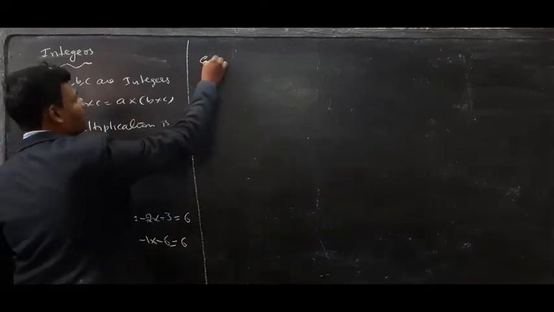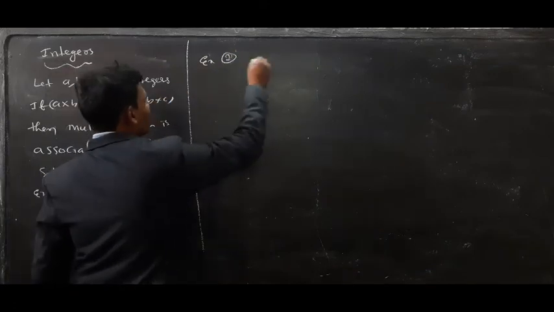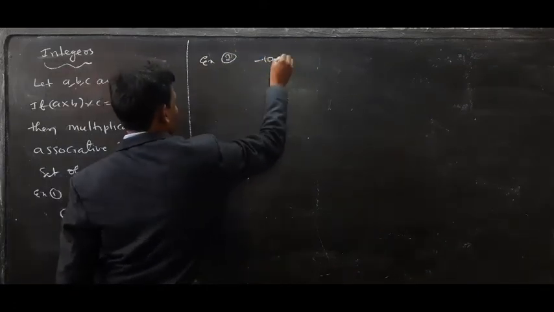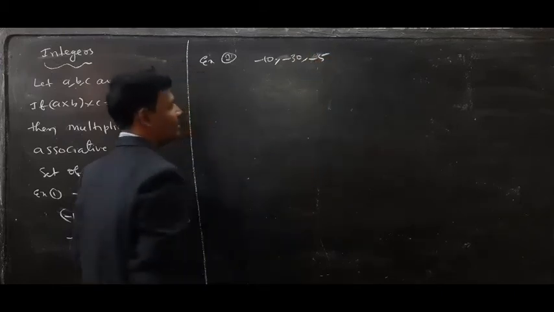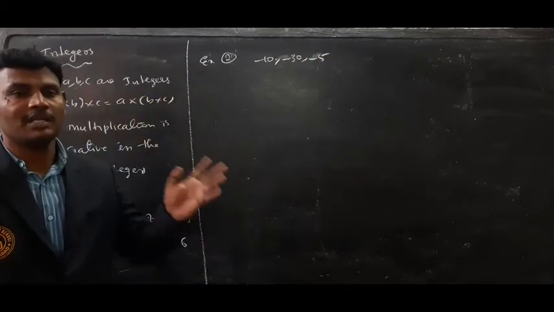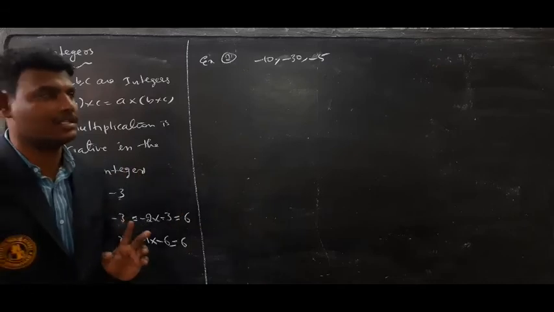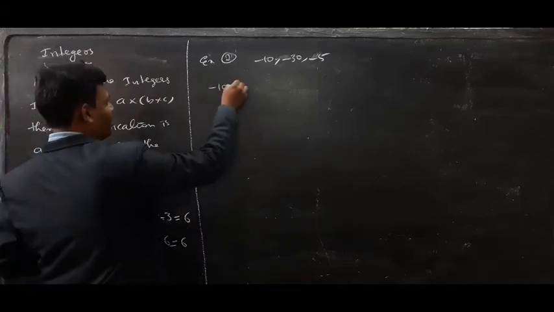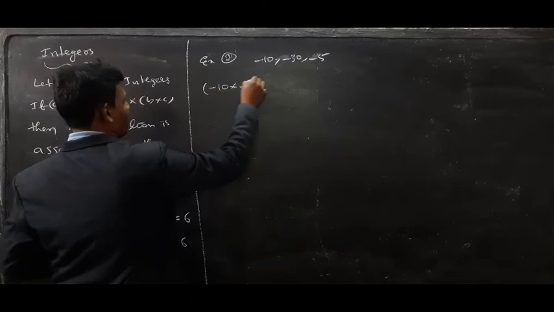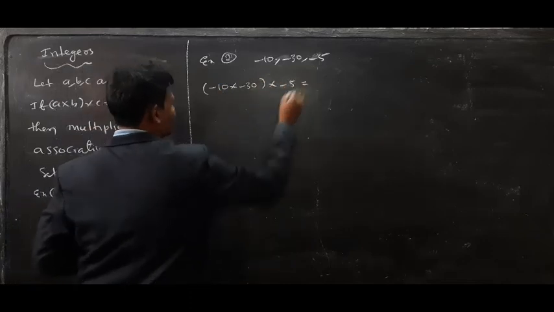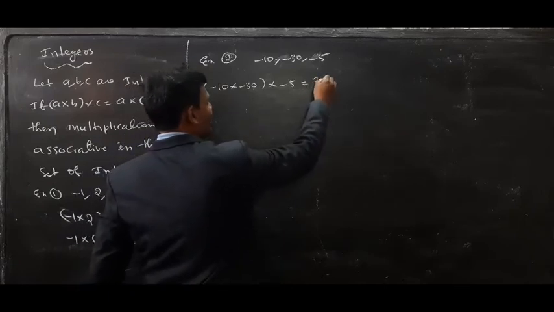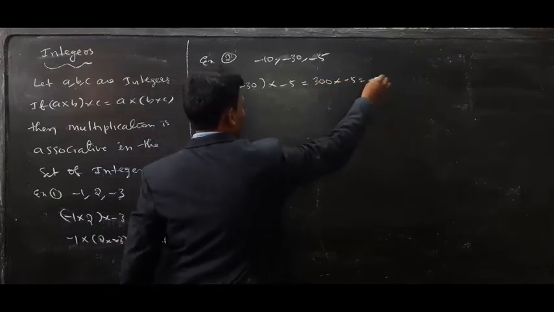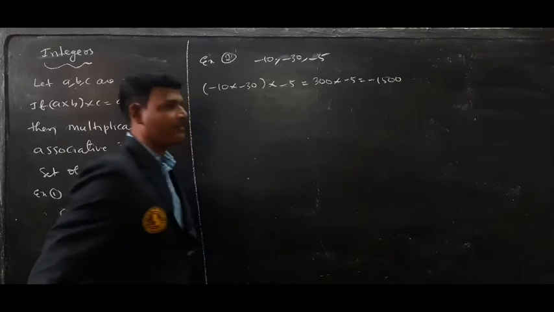Next, example 2. Minus 10, minus 30, minus 5 are three integers. Now I need (−10 × −30) × −5: minus into minus is plus, 10 × 30 is 300, and 300 × −5 is equal to −1500.